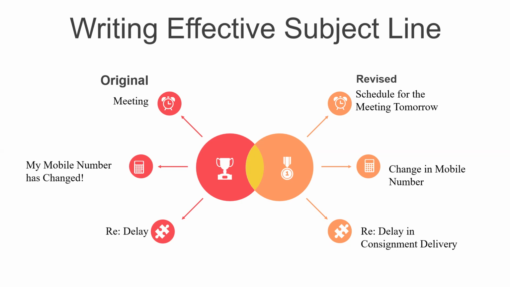Time management: because people receive numerous emails daily, an effective subject line will help them to prioritize and manage their inbox efficiently, because it allows recipients to quickly assess the importance of the email and decide whether to open it immediately or later.